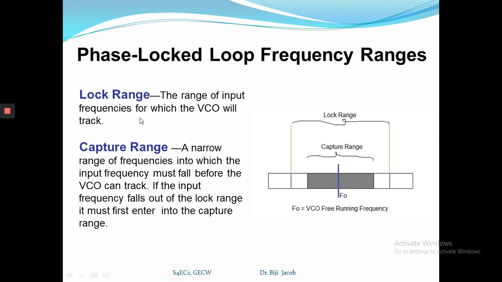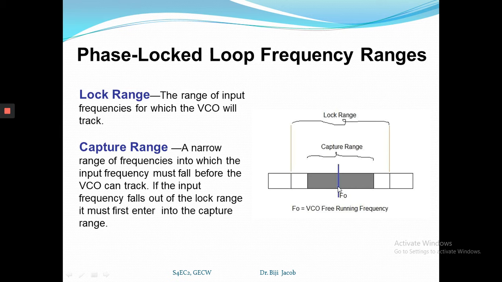So the PLL has two ranges of frequency, lock range and capture range. This is the free running frequency of the VCO. If the input frequency comes nearer to the free running frequency, it will first capture the input frequency.